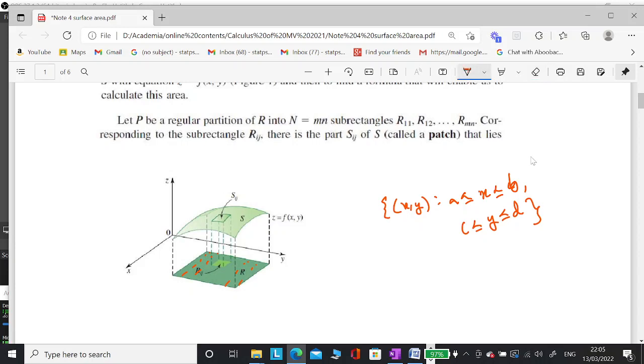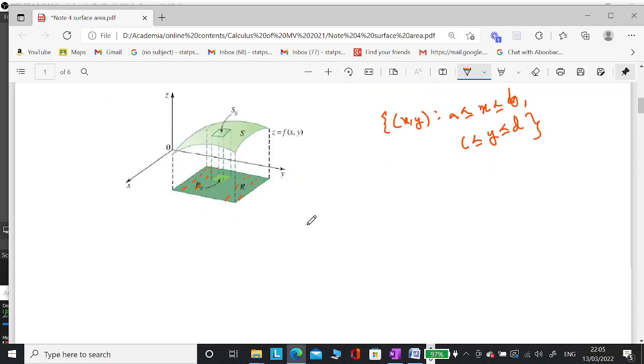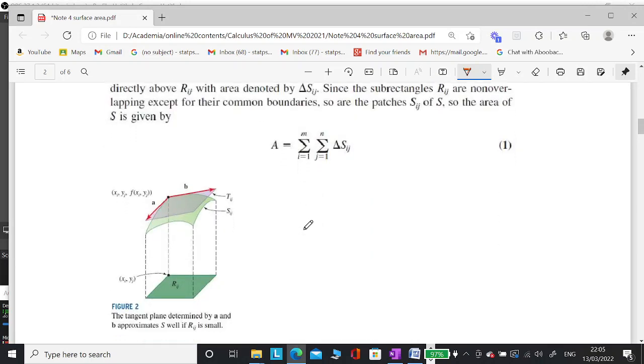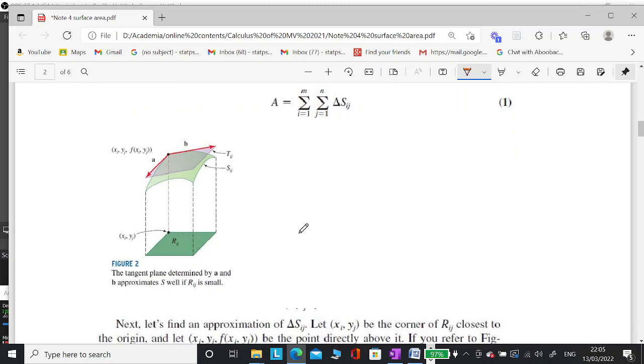Now above this we can have a surface like this, and we want to measure the surface area of that surface. How to measure it? Again we go for an approximation. We consider the tangent plane over here, and we can have a projection.